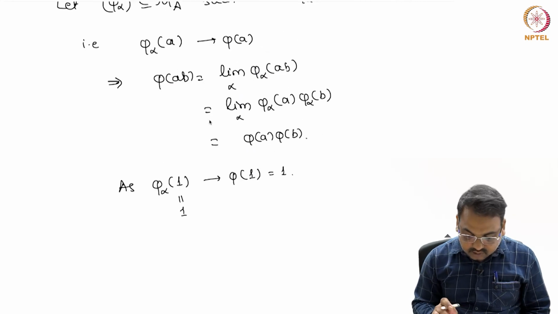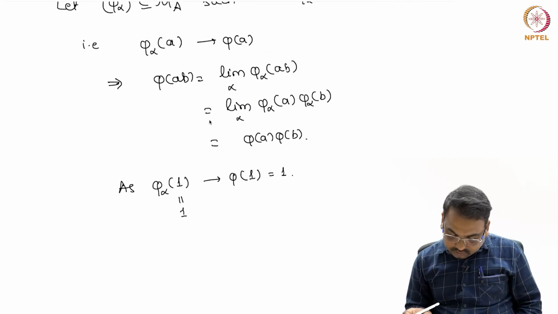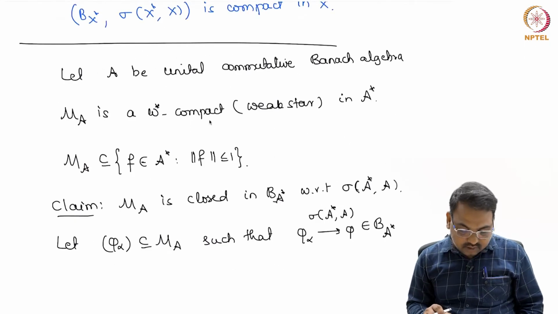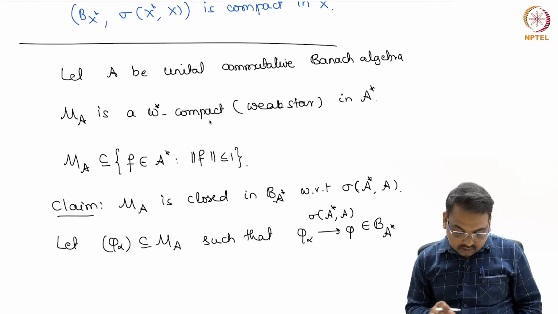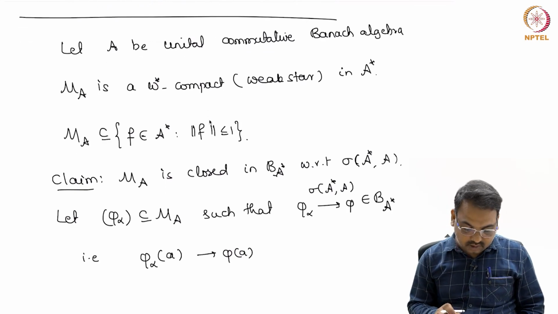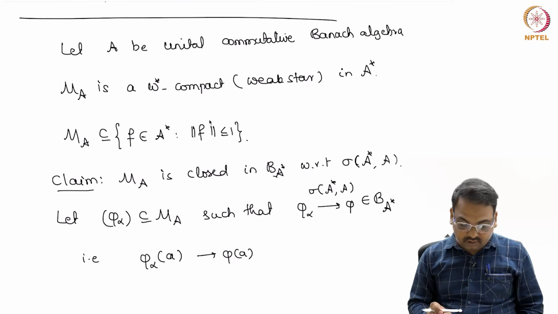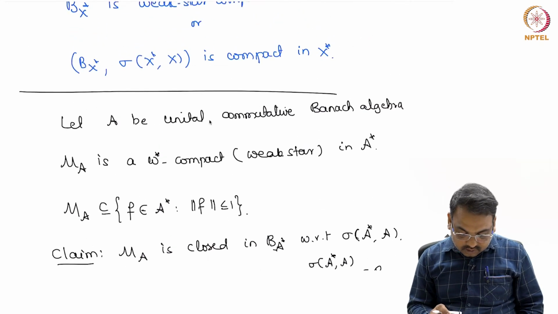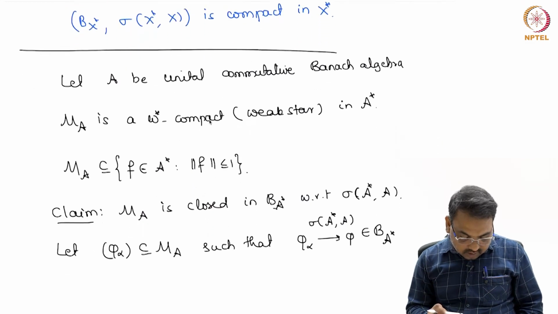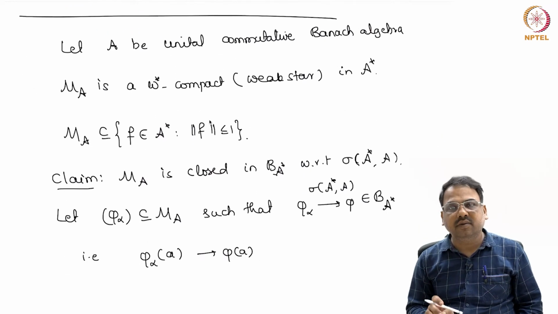So therefore phi is non-zero. So from this we can say that M_A is a closed set in the closed unit ball of A star with respect to the weak star topology. Now since it is closed, and we know by the Banach-Alaoglu theorem that the closed unit ball in A star is weak star compact, we can also say that M_A is weak star compact.